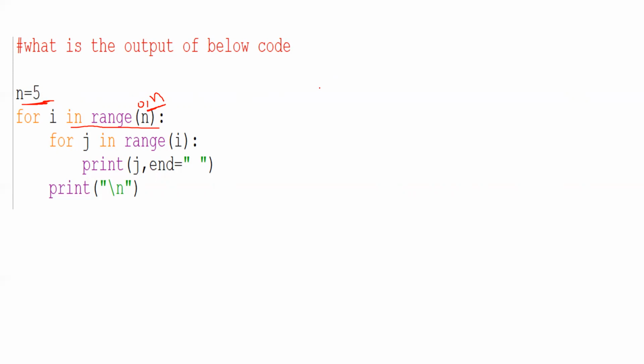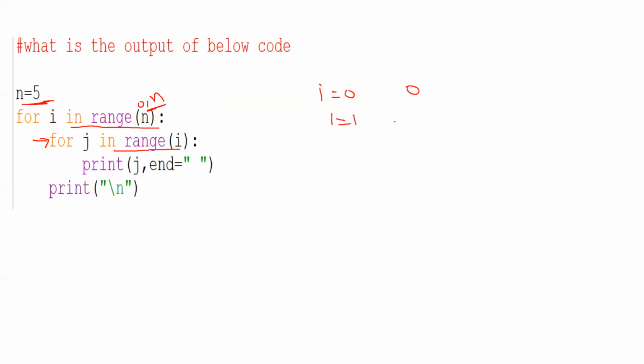Now see here, I value will be 0 first time. Now in that case, you enter into this loop and j value from 0 to I, which is nothing but 0, right? And j comma end equal to space, you won't get anything for the first iteration. Now for the second iteration, I value will become 1.